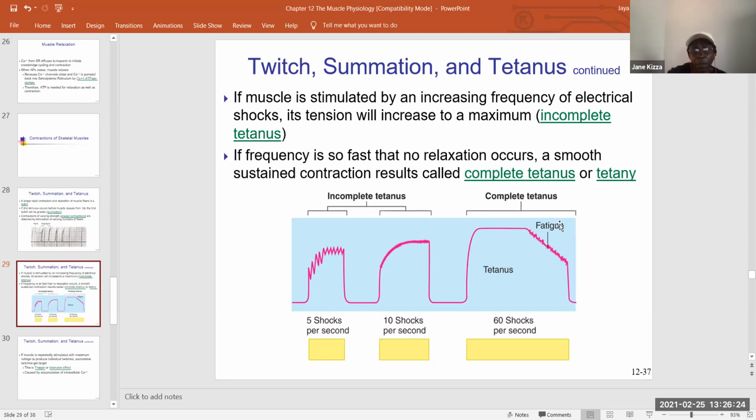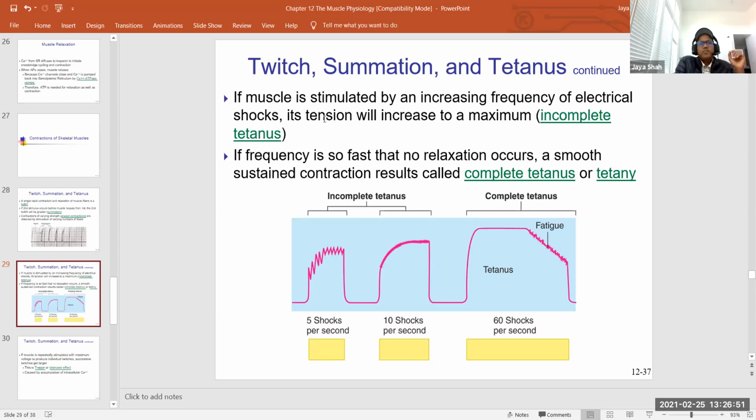So what happens? Again, you are depleting the ATP. You do not have enough calcium. And you have a lot of lactic acid buildup, and that gives the fatigue. Okay, so this is called sustained contraction. Tetanus, don't get confused with the disease tetanus. This is sustained muscle contraction.